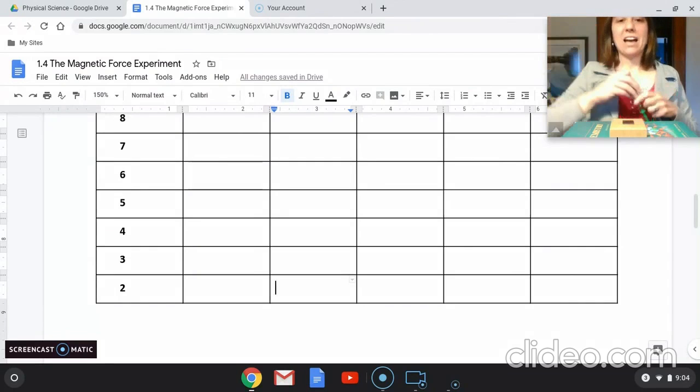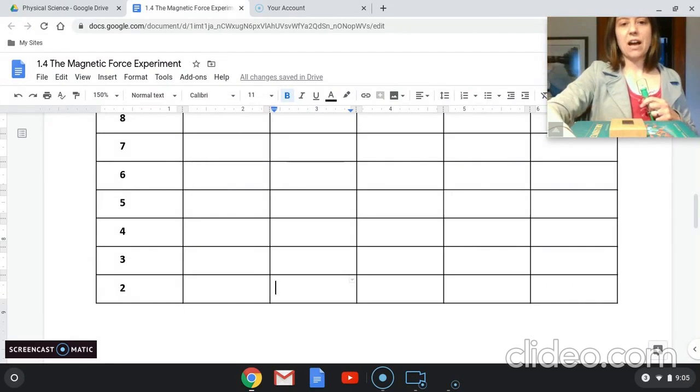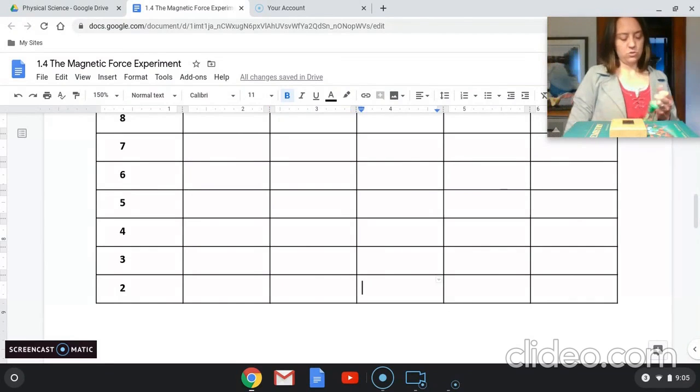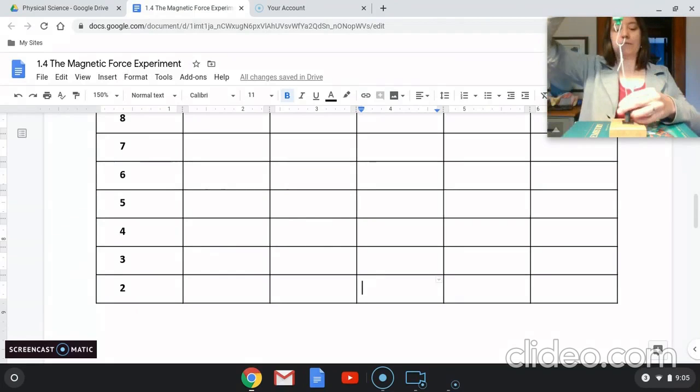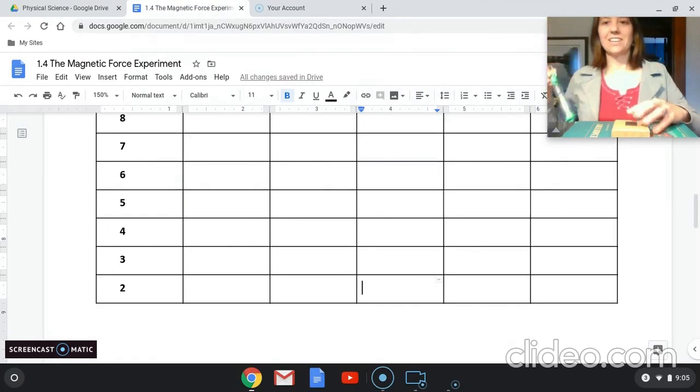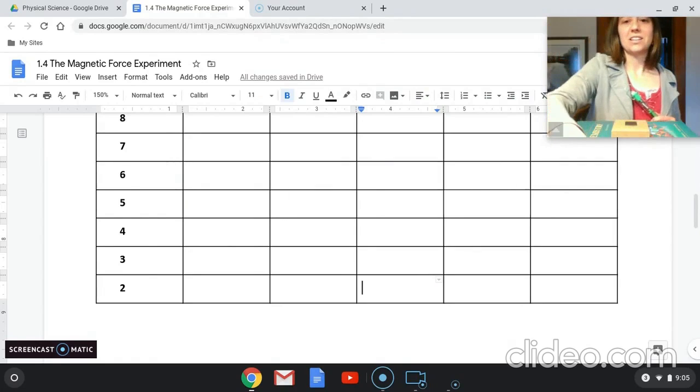That was 3.5. So put 3.5 newtons there. And now trial 2. Got 1, 2, 3, 3.4, 3.5, 3.6. 3.6 newtons.